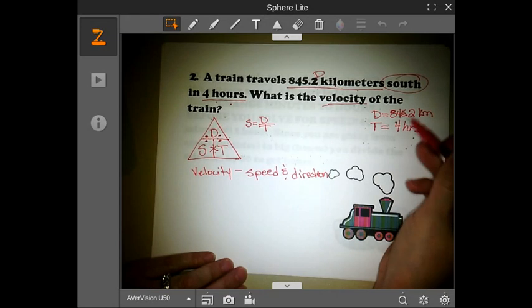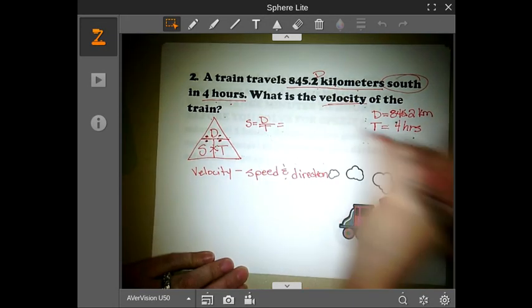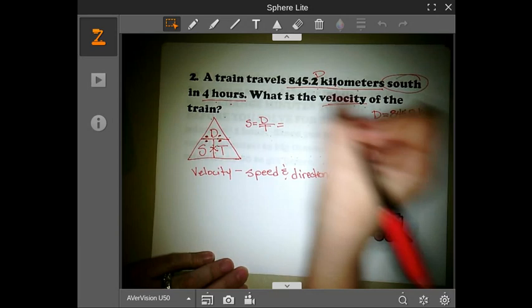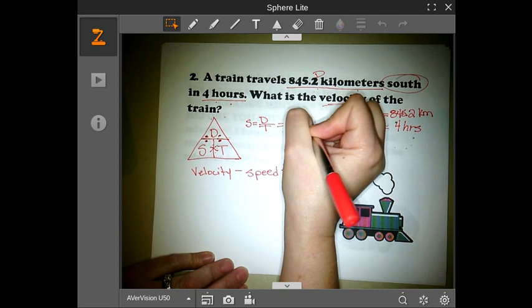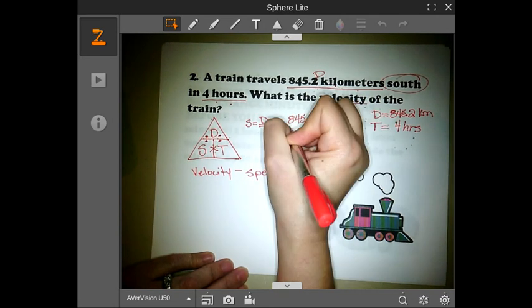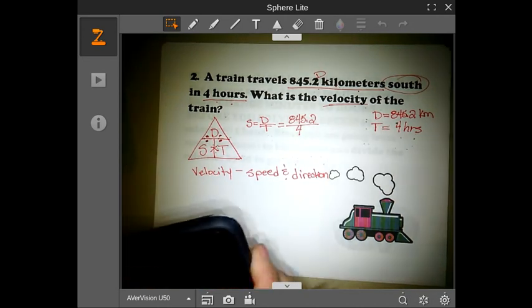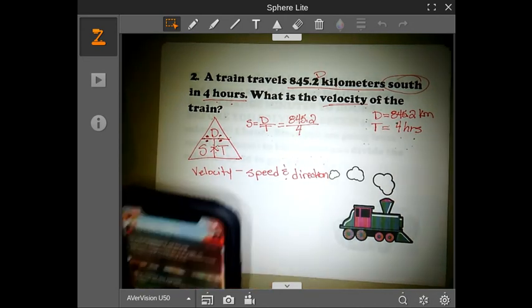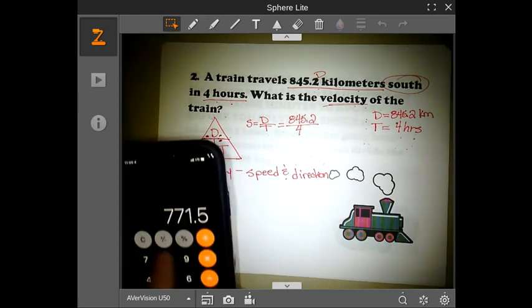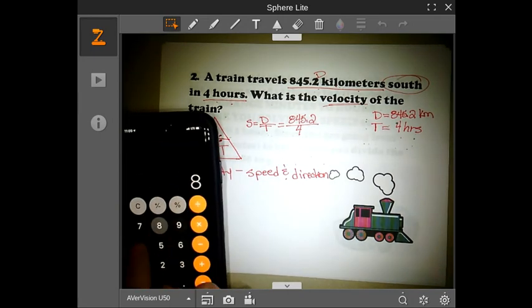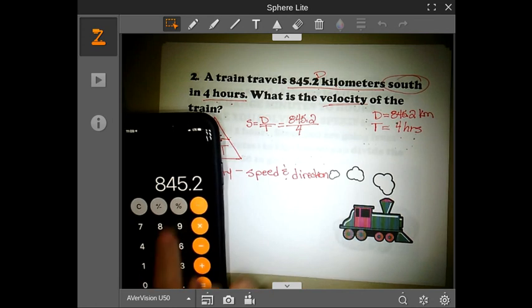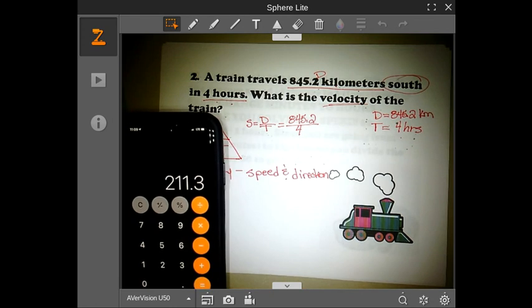And we have our numbers. Distance is 845.2, and the time is 4 hours. So we get our little calculator on our cell phone, and we say 845.2 divided by 4.